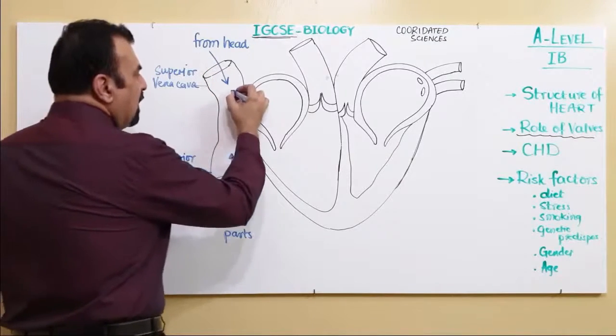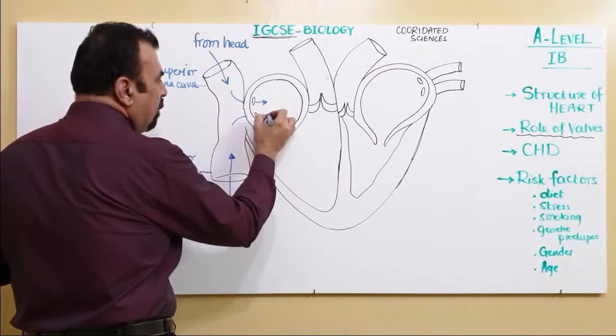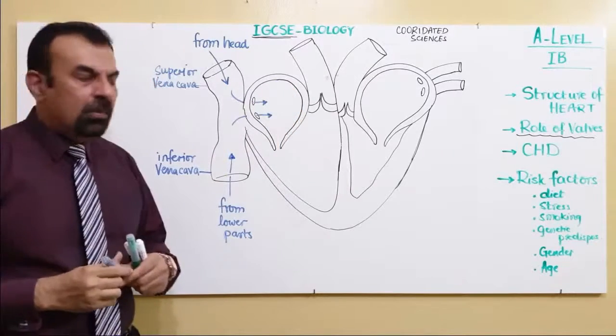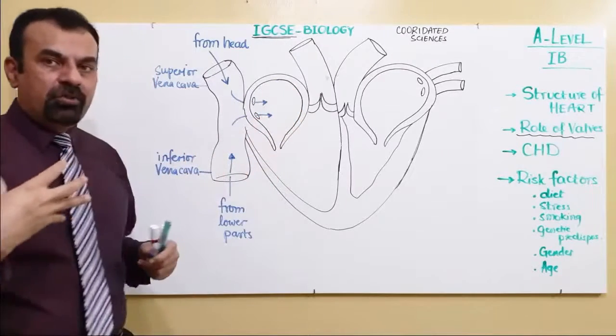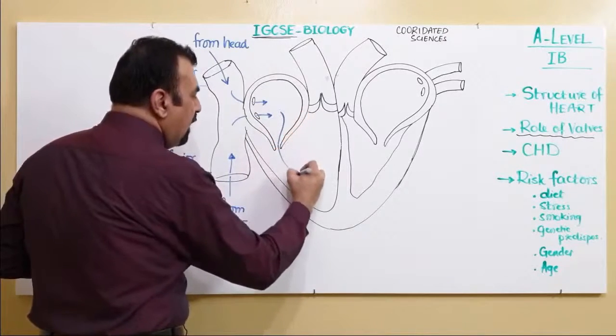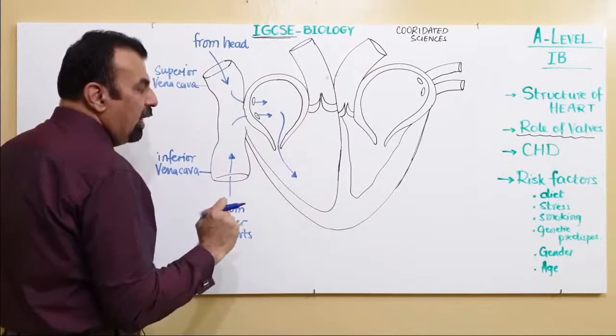So the blood enters into the heart from here, and then this atrium, the right atrium, contracts. Once the right atrium contracts, the blood is pushed into the right ventricle. Blood goes into the right ventricle.